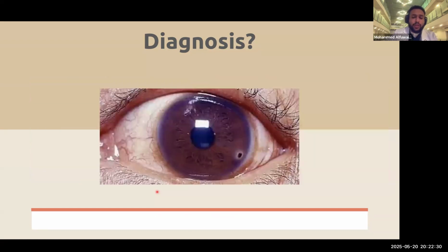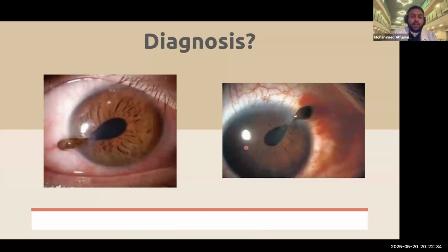Here you have a corneal foreign body. What's very important is that you look for trauma. This is ocular trauma, and this is a characteristic dislodged pupil. I think it's called a teardrop pupil. You can look at this pupil and it looks like a teardrop. This indicates that there is ocular trauma.